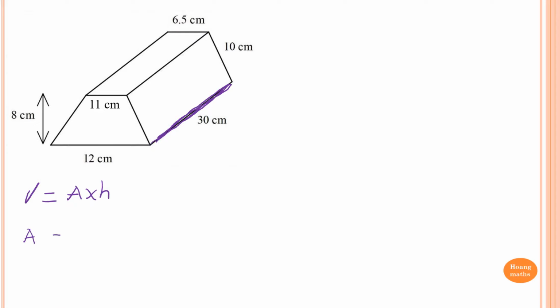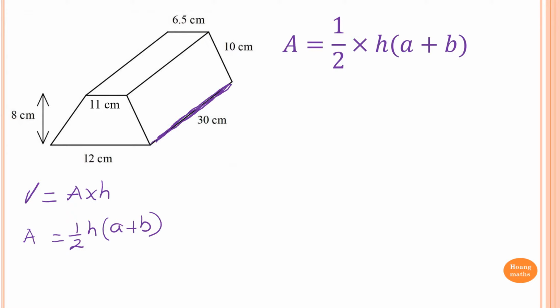The area of a trapezium is a half of h times a plus b. h is the perpendicular height, which is from here to here, which is 8 centimeters.